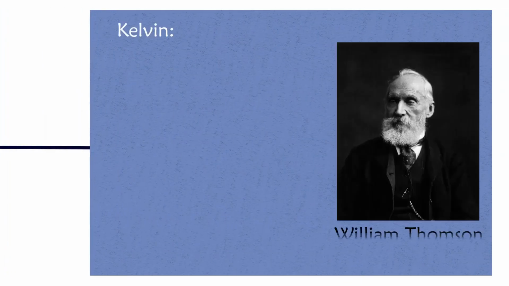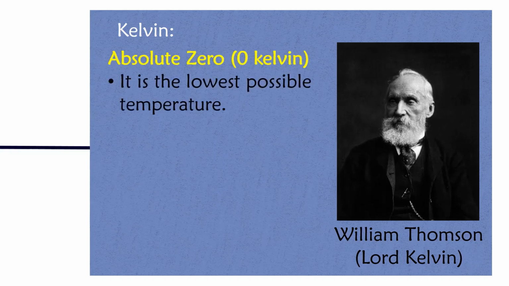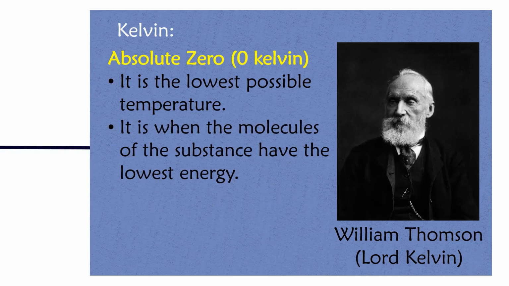William Thomson, also known as Lord Kelvin, introduced the third temperature scale, which is called Kelvin. This scale is based on absolute zero corresponding to 0 Kelvin. It is the lowest possible temperature, and it is when the molecules of the substance have the lowest energy.